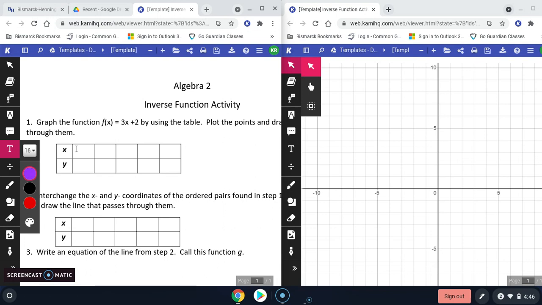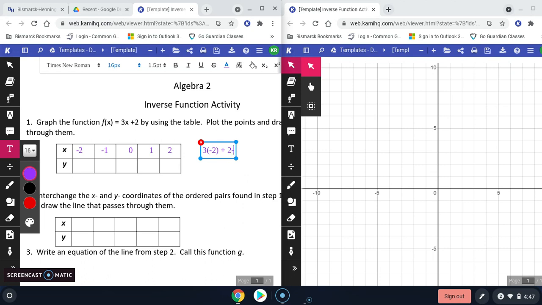So we can go -2, -1, 0, 1, and 2. So now all we're going to do is take -2, and when you plug it into 3x plus 2, that would be 3 times -2, plus 2.